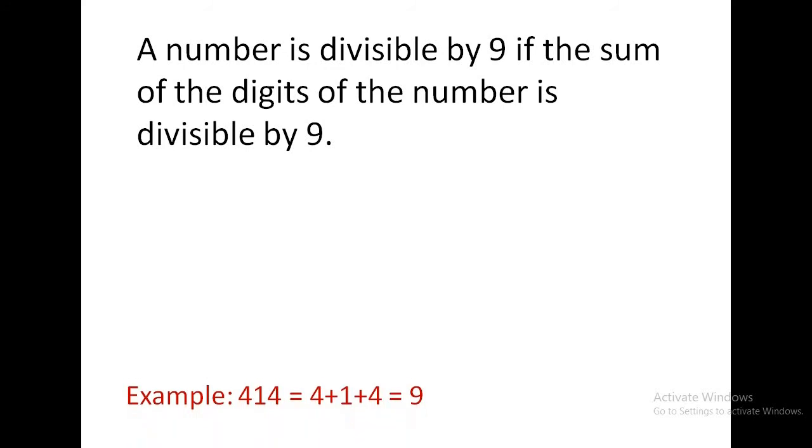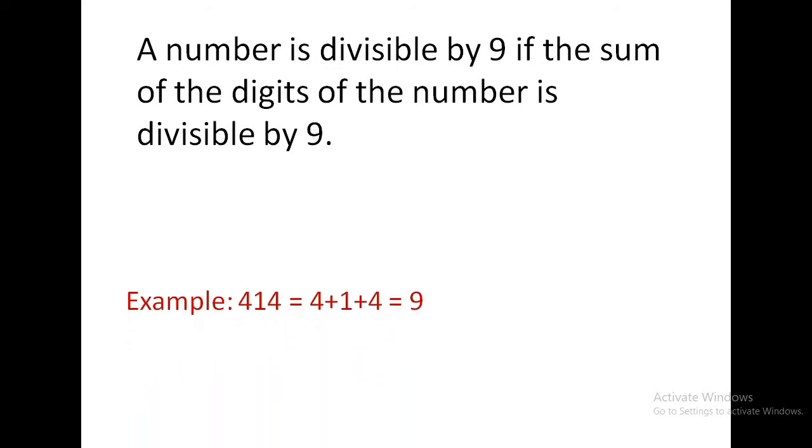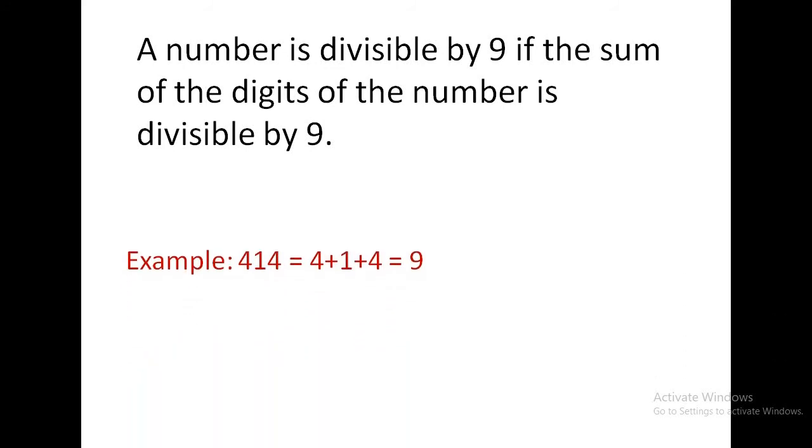Let us take the example. 414 is the number. Add all the digits. 4 plus 1 plus 4, you get 9. This number should be divisible by 9. Then the number 414 will also be divisible by 9. So yes, the sum is divisible by 9, and hence 414 is also divisible by 9.